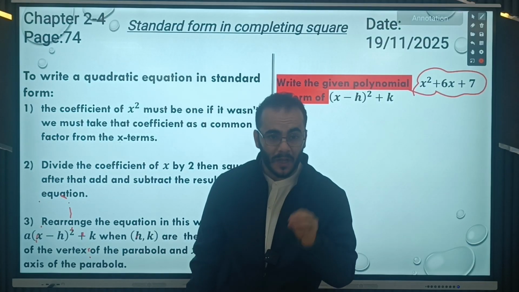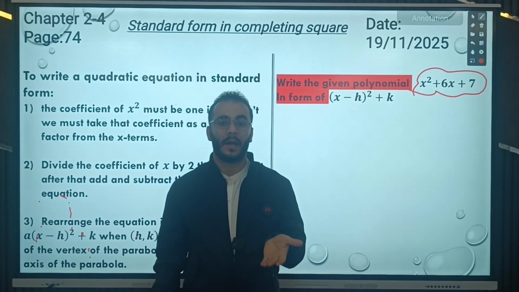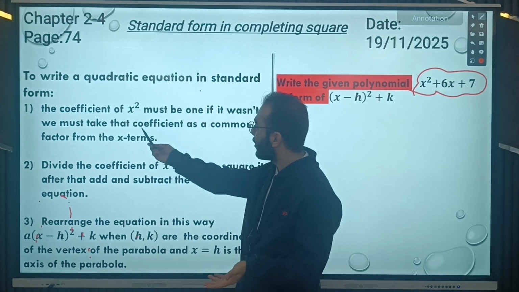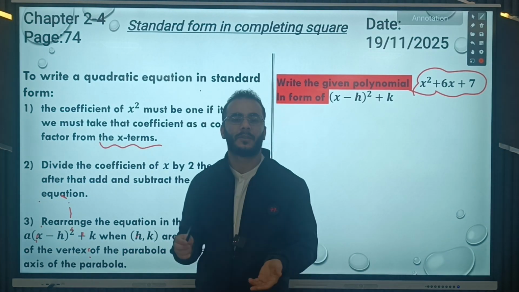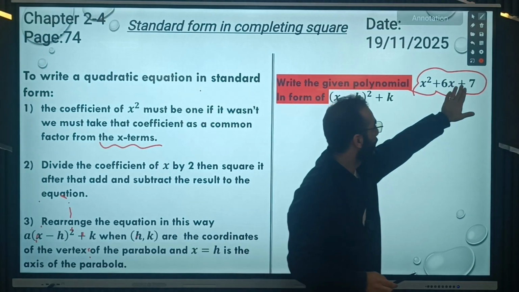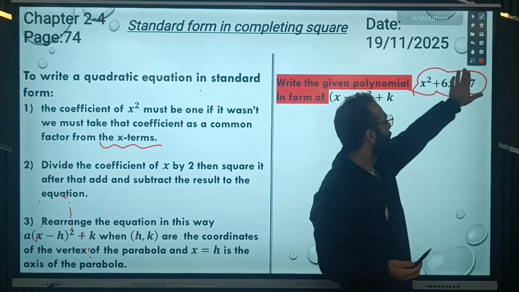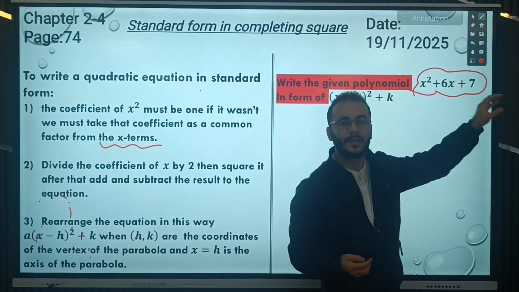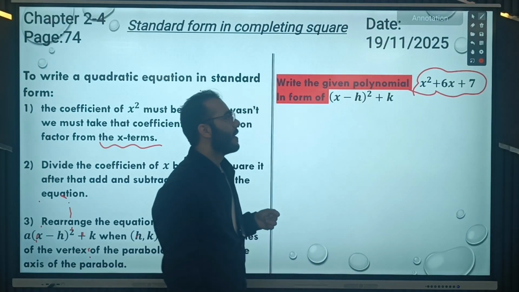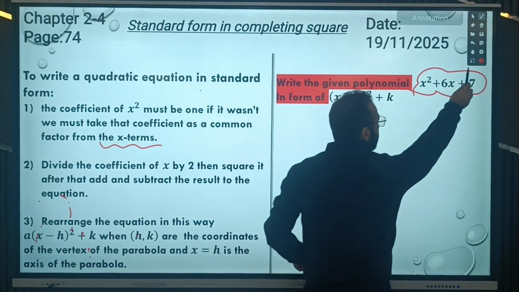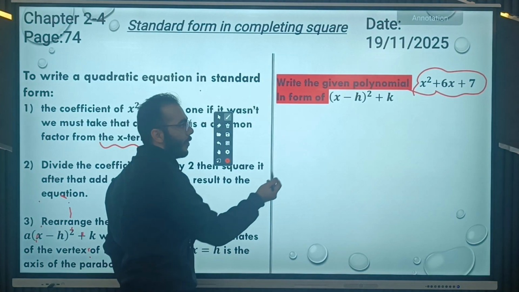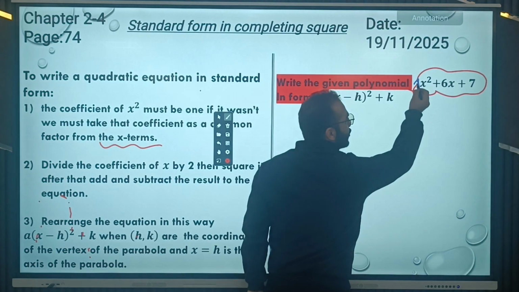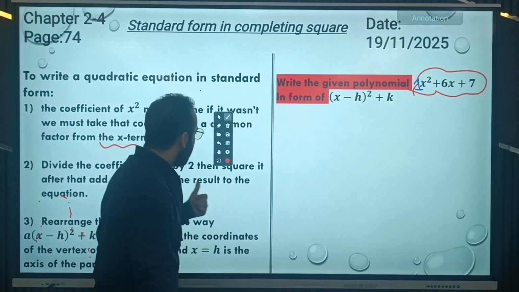If it is not 1, we need to make it 1, by taking that coefficient as a common factor from only the x terms, not the constant term. Usually we have got 2 x terms. As you can see here, the coefficient of x squared is 1, so we are allowed to go to the second step.